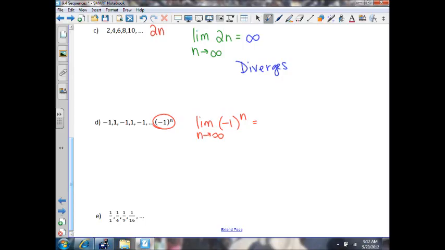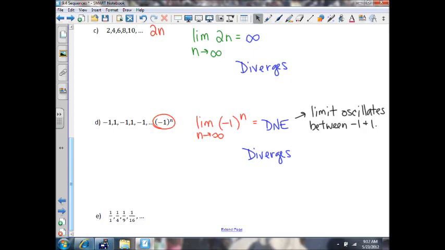So really, this will not exist. So this diverges. So the limit oscillates between -1 and +1.